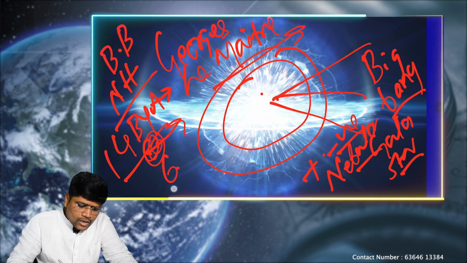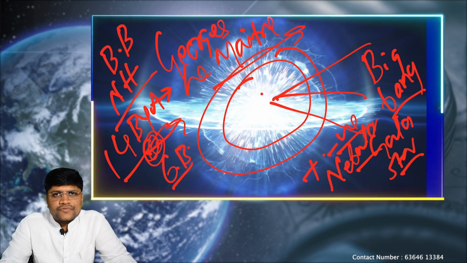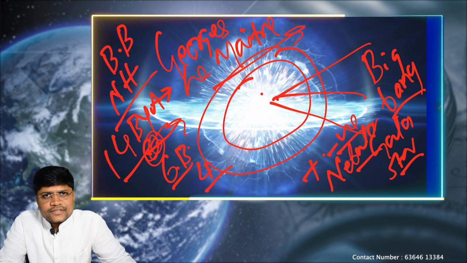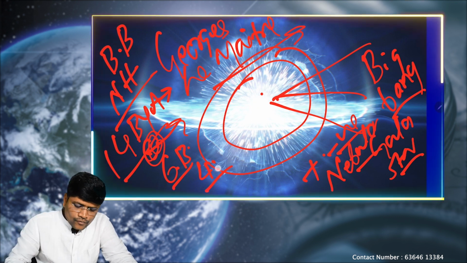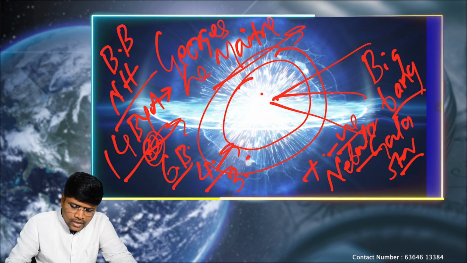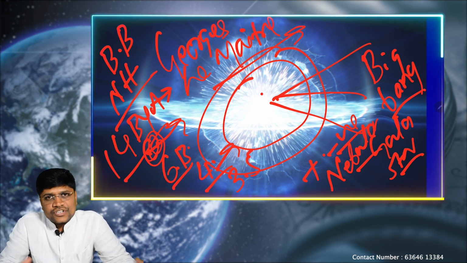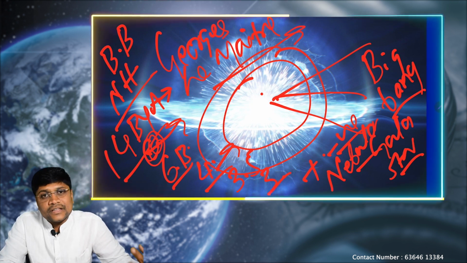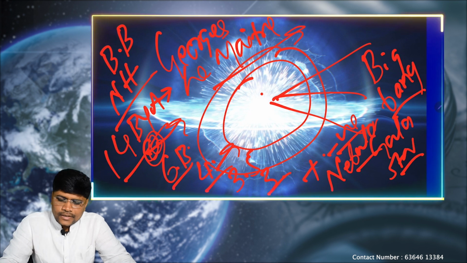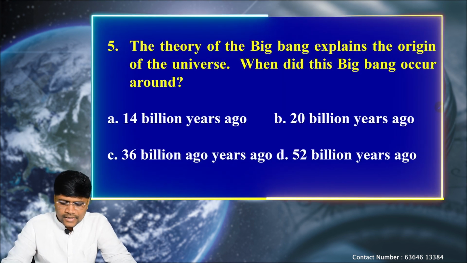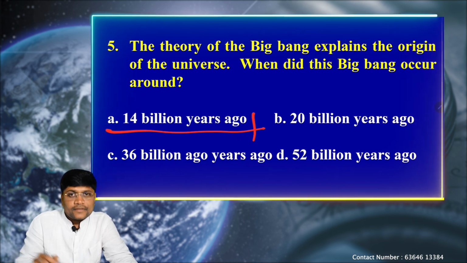After that, around 6 billion years ago, stars were formed. Around 4 to 4.5 billion years ago, planets were formed, and even our Earth was one of them. On the Earth, around 3.5 billion years ago, oceans evolved. Within the oceans, first life started around 3 billion years ago. Clear? So the correct option here is 14 billion years ago.